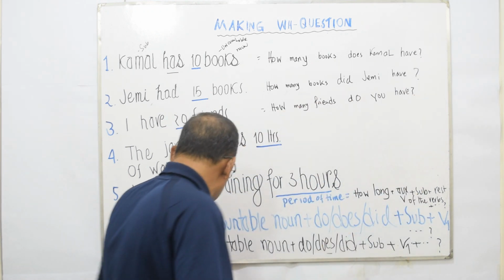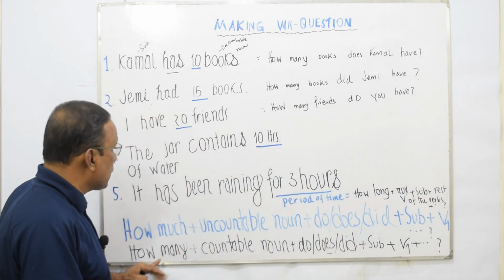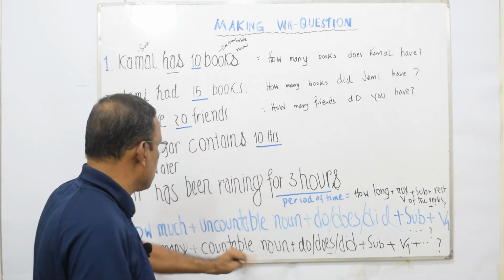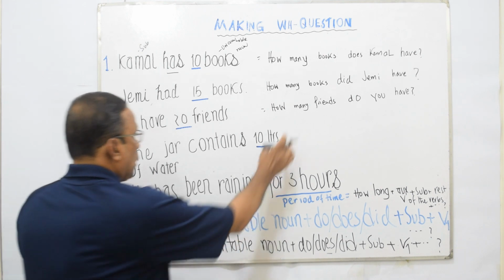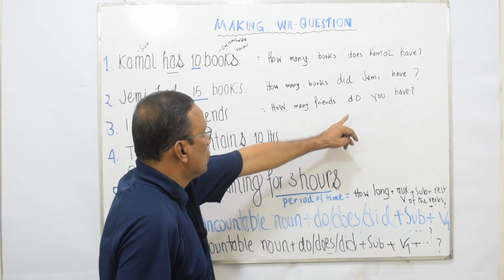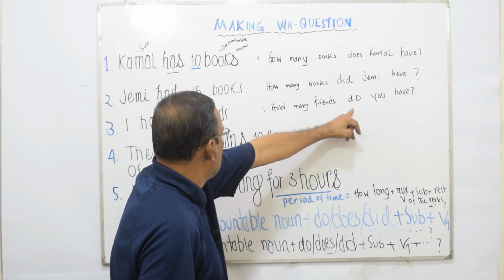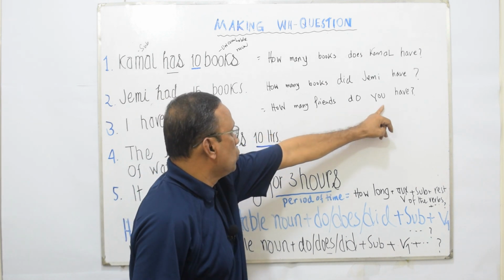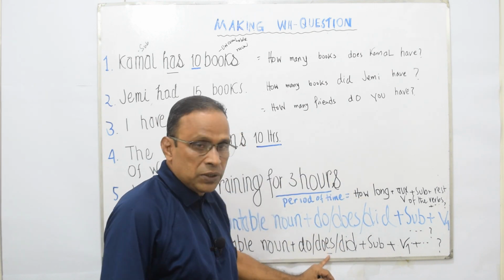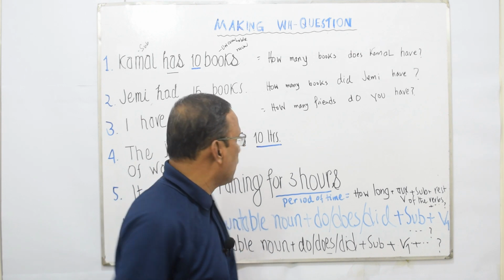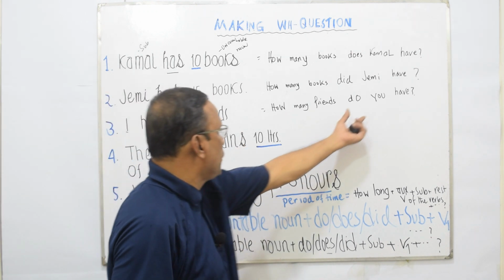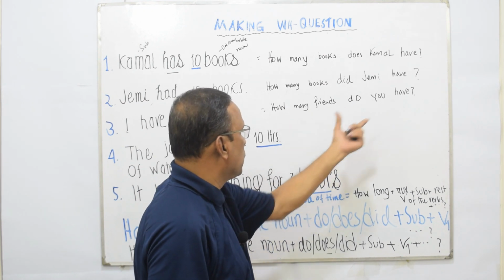Look at the structure and see whether this sentence has followed it or not. How many, countable noun friends, and we have to use do, because for you we cannot use does or did. Does is only for a subject which is third person singular. So this I will become you here. So how many friends do you have?